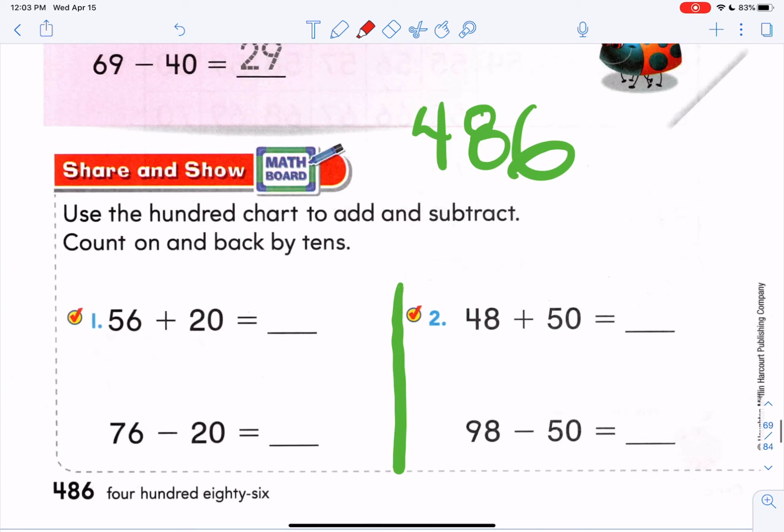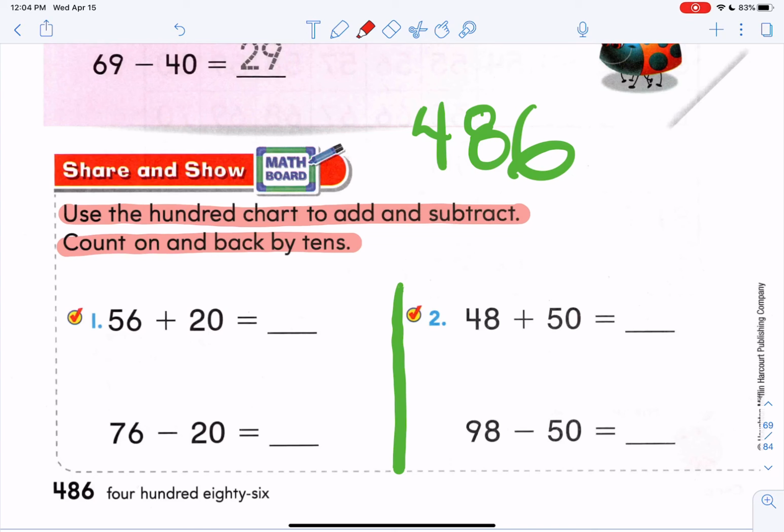What I'd like you to do, pause the video, grab your math book and a pencil, and come back to page 486, and I'll wait here. Okay, now, at the bottom of page 486, it says, use the hundred chart to add and subtract, count on and back by tens.